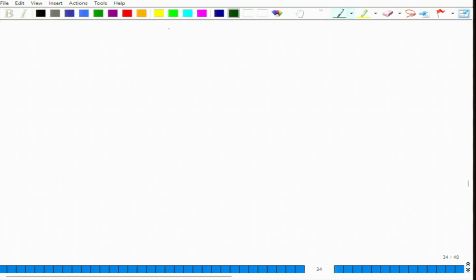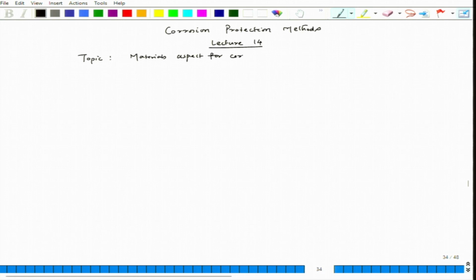So, the course is corrosion protection methods. Lecture 14, the topic is on materials aspect for corrosion protection.